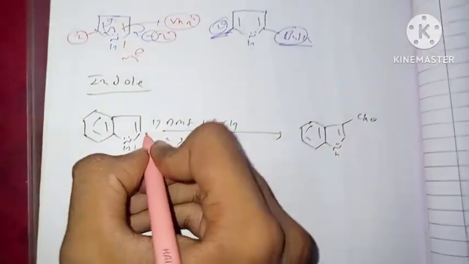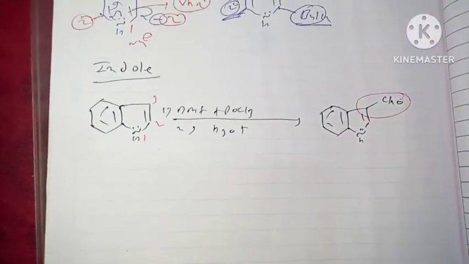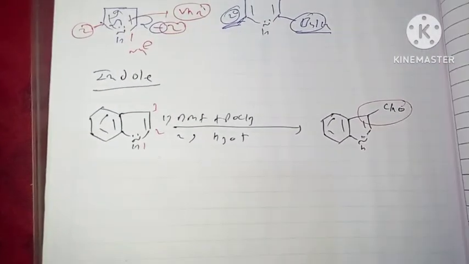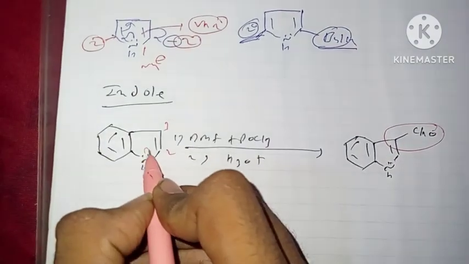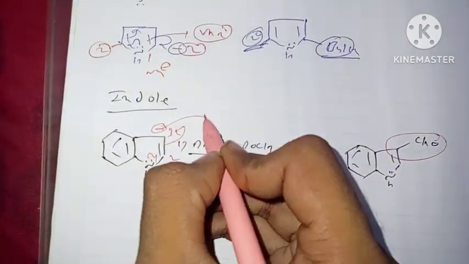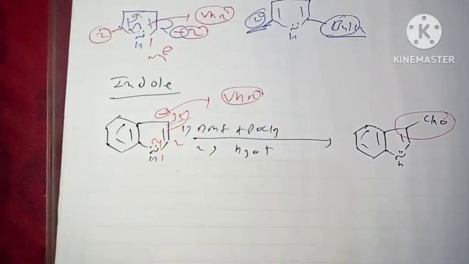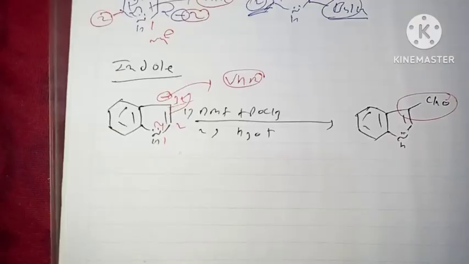So the reaction takes place on 1, 2, 3, on the third position, because the resonance structure looks like this. This lone pair is going to be here, and there is generation of a negative charge, so this negative charge attacks our Vilsmeier-Haack reagent, and formylation takes place on the third position.